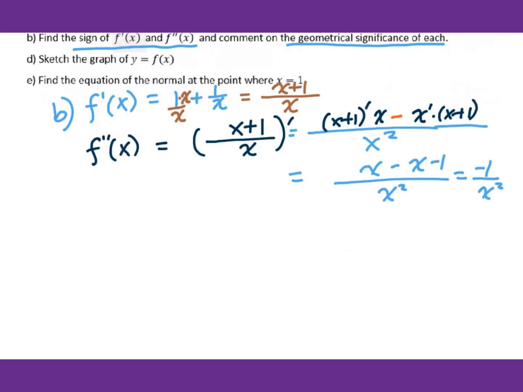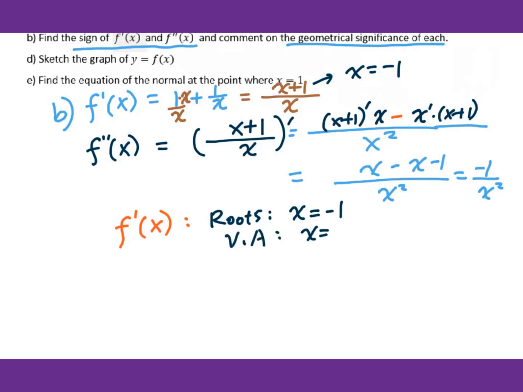So we have to do the sign diagram for the first derivative. You have to get all the roots and the vertical asymptote line. For roots, you only have x equals negative 1, make the top equal 0. Make the denominator equal to 0, then that's x equals 0. This is a vertical asymptote line. So we draw the sign diagram. Remember the domain for the function is x greater than 0.